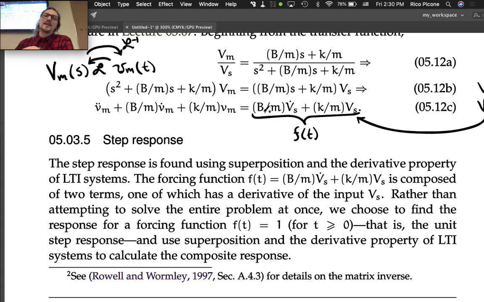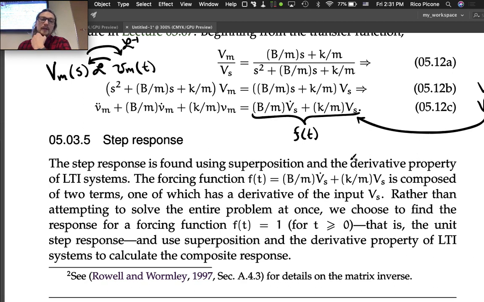So you have a Dirac delta input, and we have a step input, and we have scalings of them, and they're added together, and they're both going into this system. That's a pretty complicated forcing function.